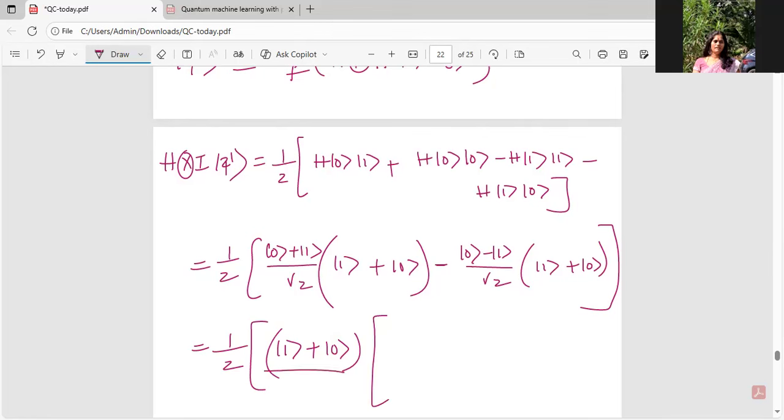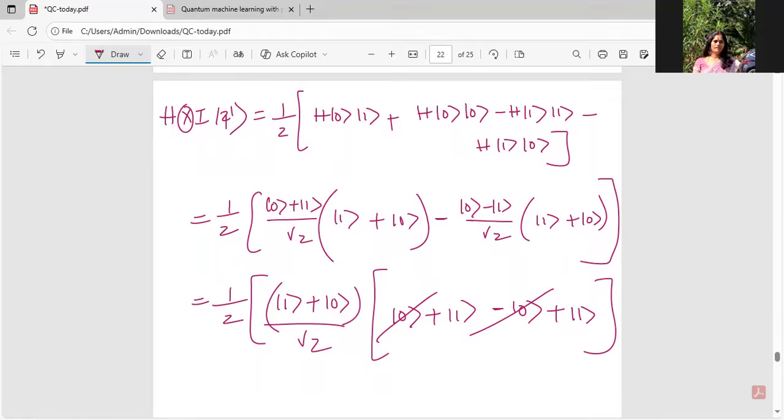Of course, root 2 also I think I can take common. So finally I'll have what? Ket 0 plus ket 1 minus ket 0 plus ket 1. Yes, sir. See here. This 2 gets cancelled off. I'll get it twice. Okay. Of course, that 2 also gets cancelled off. So I'll be having ket 0 plus ket 1 by root 2 into ket 1.